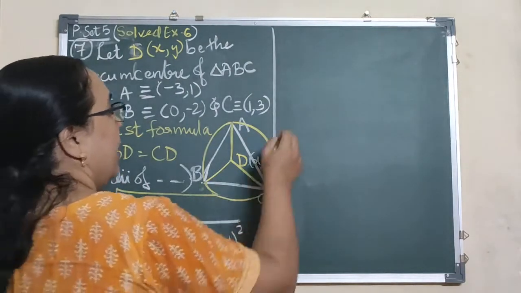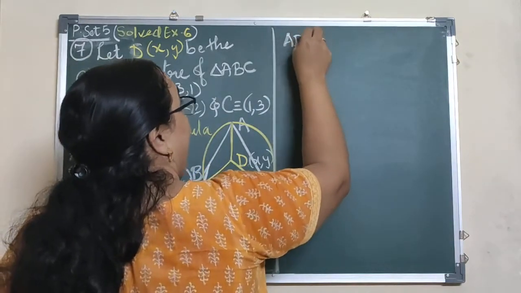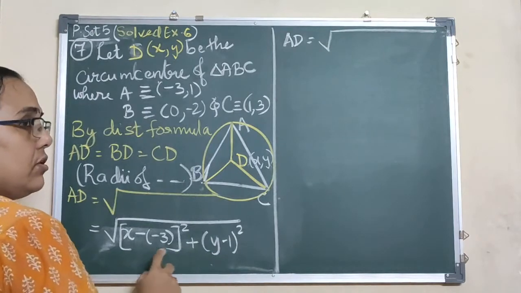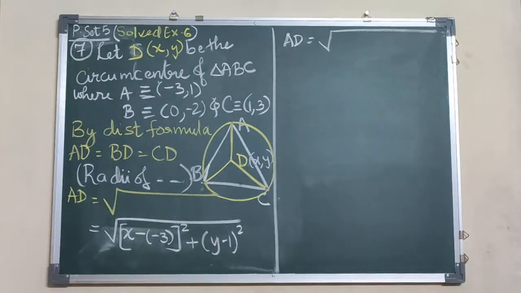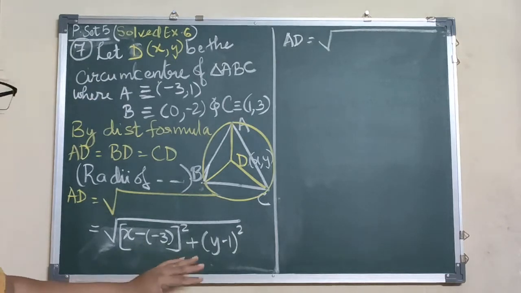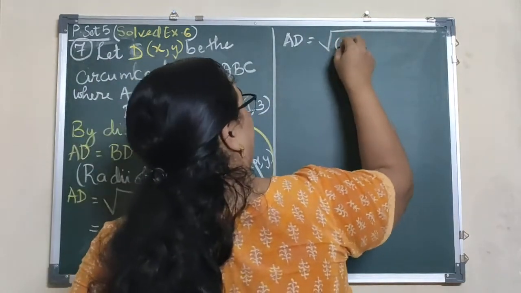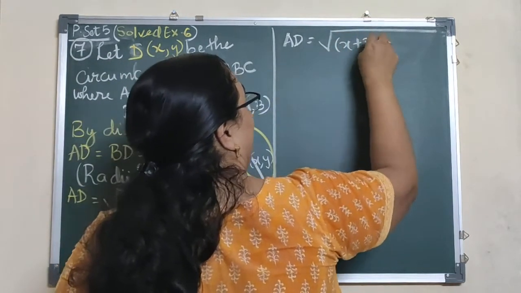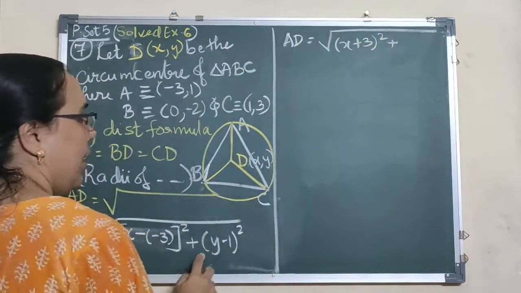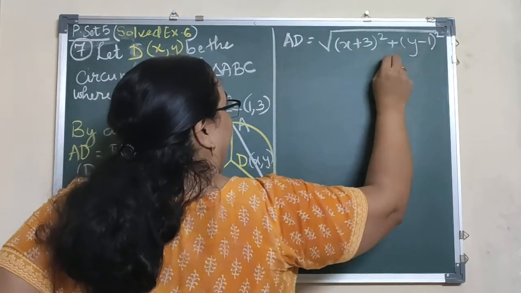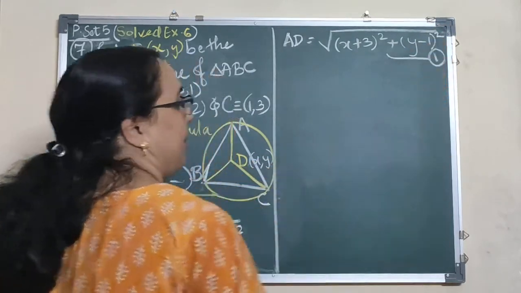We keep AD further as square root of. Since you can see it is coming as a quadratic expansion, we keep it as it is so that later on we can remove the root sign. Okay, so we write this as x plus 3 the whole square plus y minus 1 the whole square, and we leave it as equation 1.